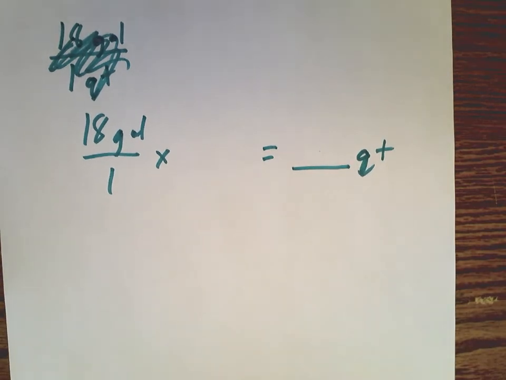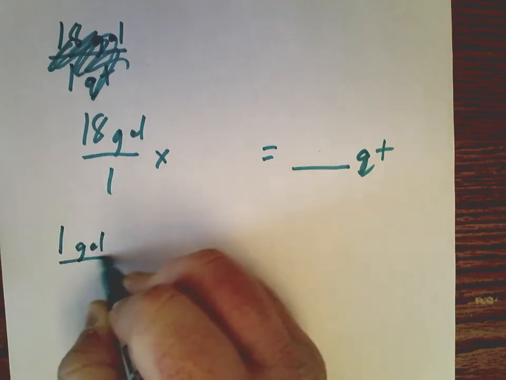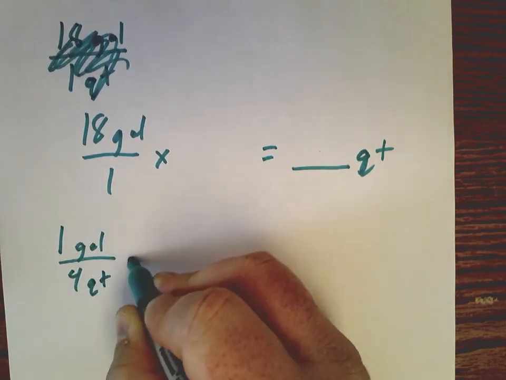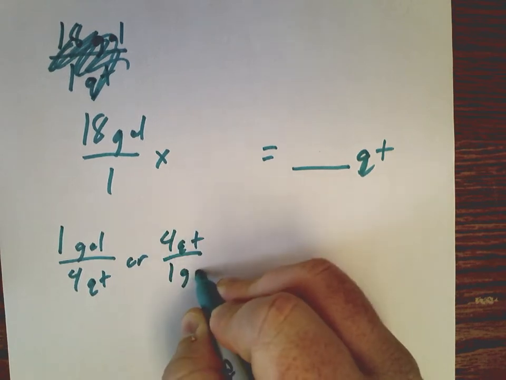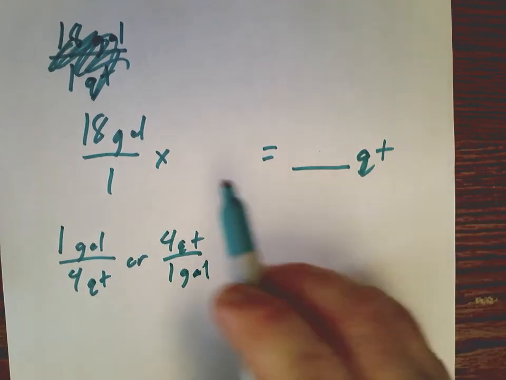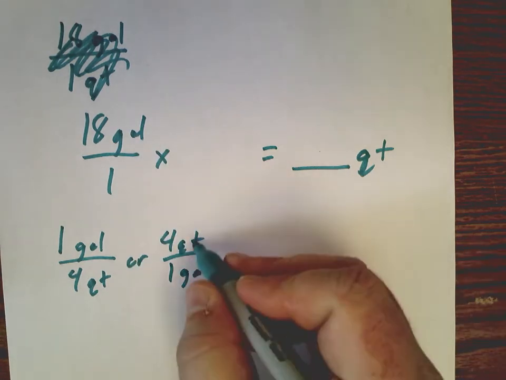So now we need to consider the relationship between gallons and quarts, which of course I can never memorize these things, so I've got to go back and check my solution here, and I see that 1 gallon equals 4 quarts. So that's 1 gallon for every 4 quarts, or 4 quarts for every 1 gallon. Look at our problem. We need to cancel out gallons, so we need to have gallons in the denominator.